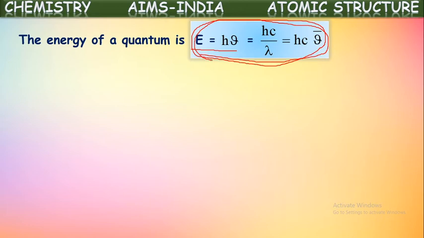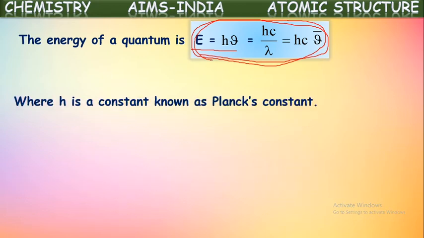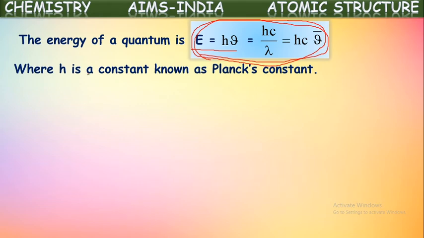E = h nu is the relation between energy and frequency. E = hc/lambda relates the wavelength and energy of the radiation. And one more relation, E = hc nu bar, relates wave number and energy. In this, h is a constant known as Planck's constant.